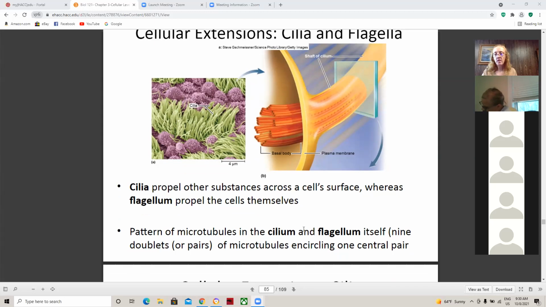We have patterns of microtubules in the cilium and flagellum, 9 doublets that will encircle a center pair.